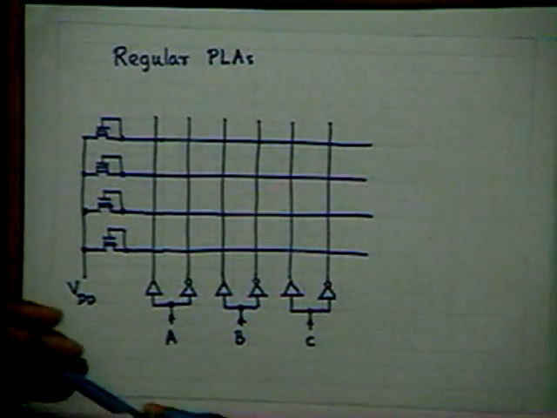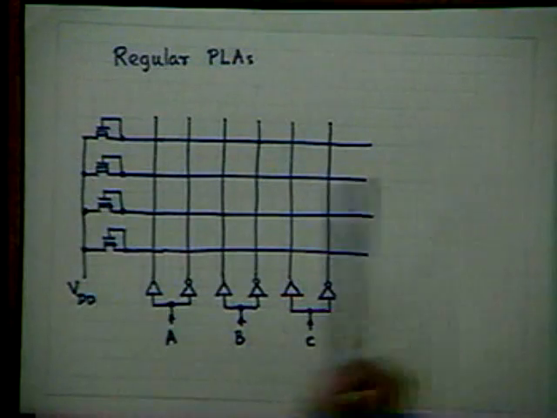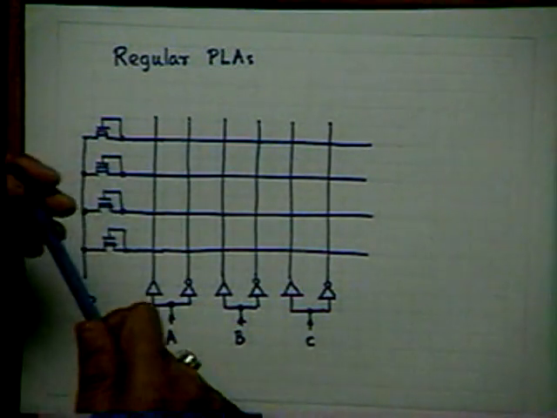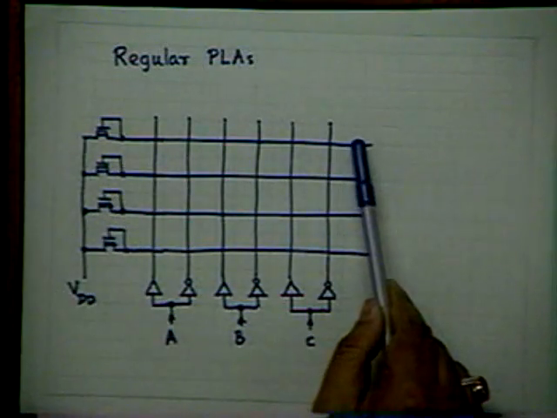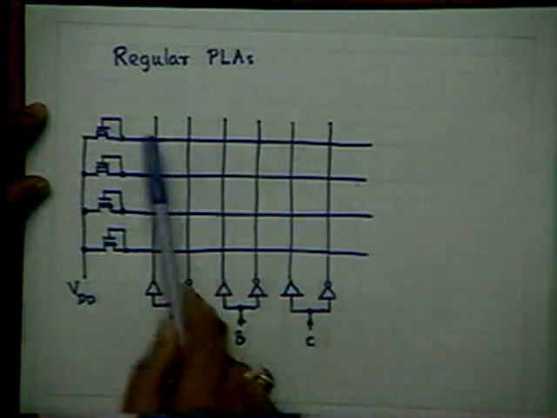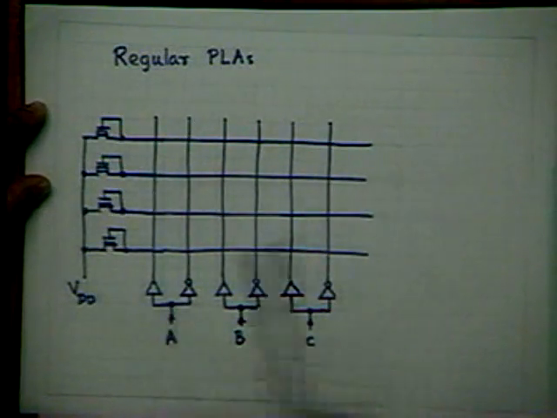So I'm not really drawing any stick diagram, just a simple wire diagram. You see that I want to produce now the 4 outputs. These are called product lines. These rows will be called product lines.